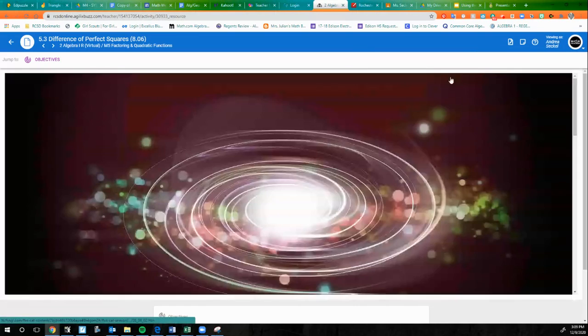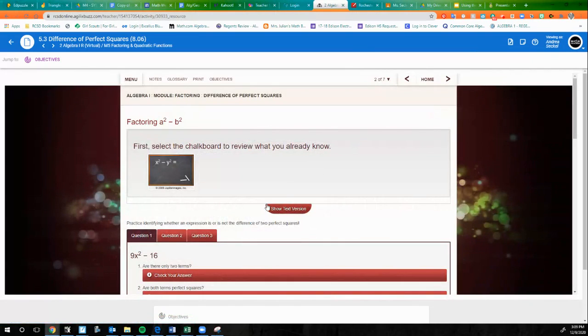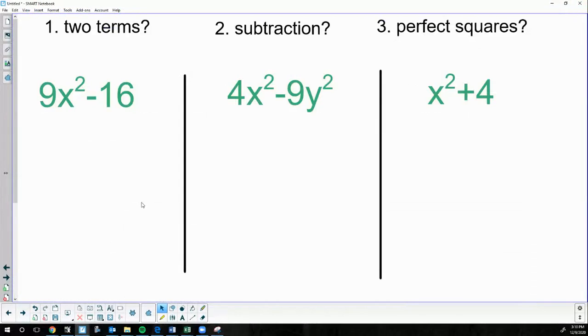Page 2 is all about the strategies for how to tell and then actually how to go about factoring. It seemed a little confusing on this page, so I actually put the examples here. Now here's the test to do. First, are there two terms?